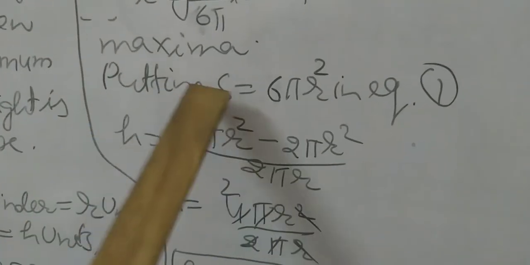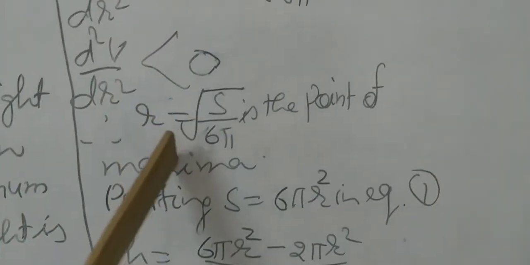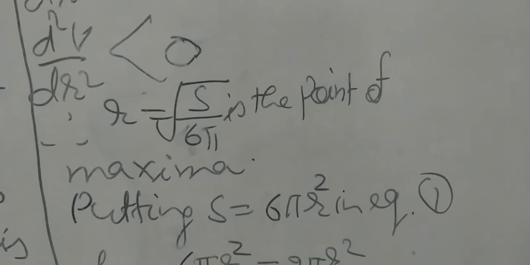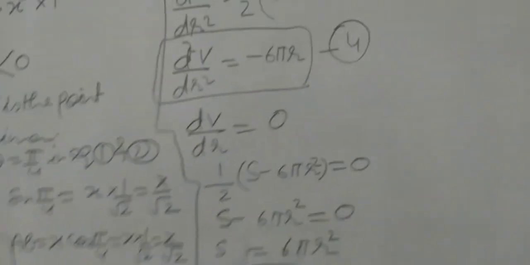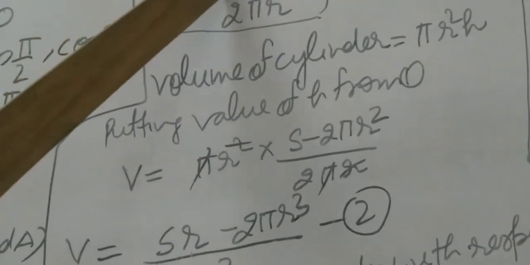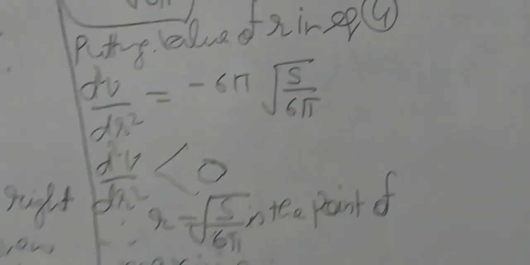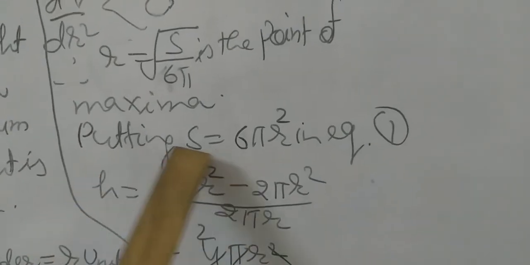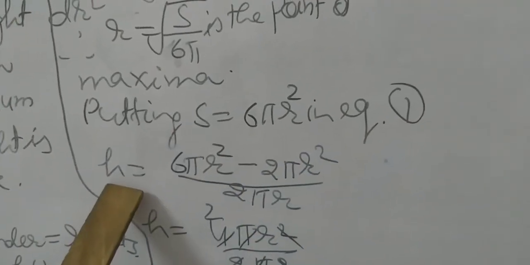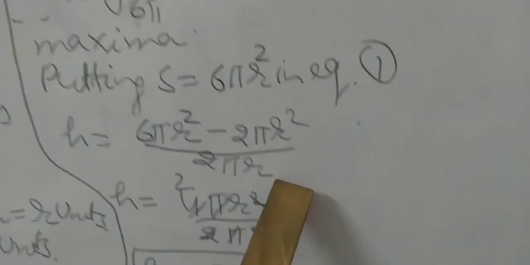So putting S equal to 6 pi r square in equation number 1. So this is the point of maxima, student. We have to find the relation between h and r. To get the relation between h and r, I am going to put the value of S here, S equal to 6 pi r square, in equation number 1. h equals (6 pi r square minus 2 pi r square) upon 2 pi r.